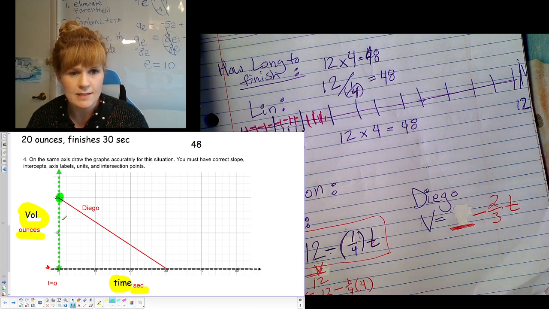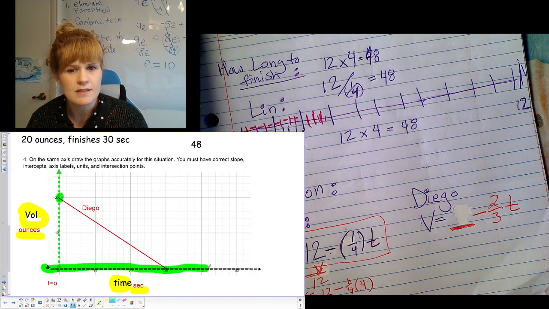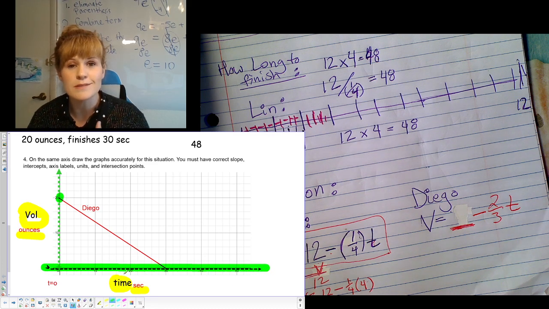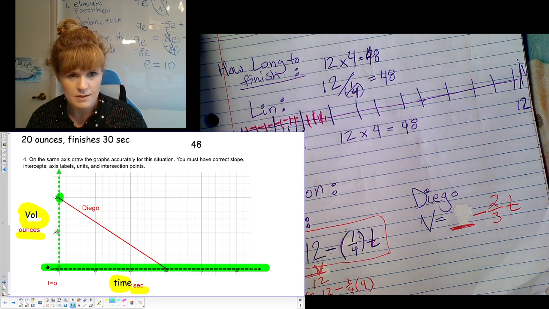That makes sense. At t equals 0, he starts with 20 ounces. Now, along the x-axis, that is when the volume equals nothing. Nothing is left. V equals 0. See, here's V equals 10, V equals 20, but down here, that's V equals 0.